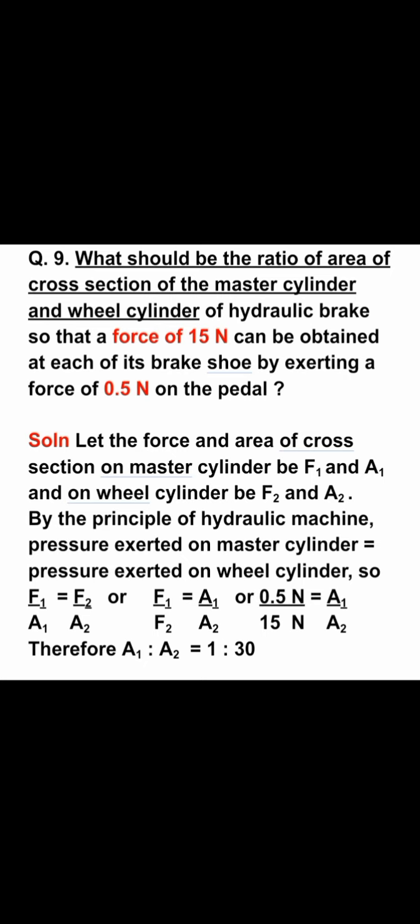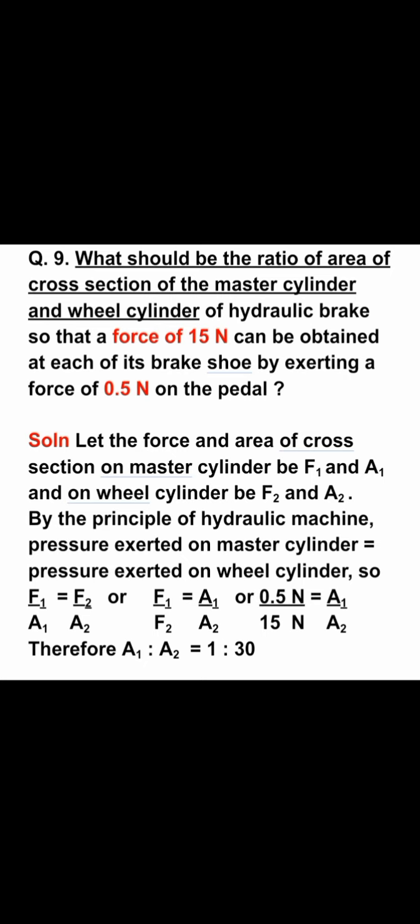and another is the wheel cylinder. Master cylinder is always with a small area of cross section, whereas the wheel cylinder has the larger area of cross section. So let the force and area of cross section on the master cylinder be F1 and A1, and on the wheel cylinder the force be F2 and the area of cross section of the wheel cylinder be A2.